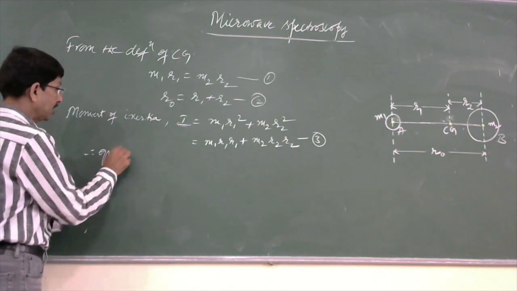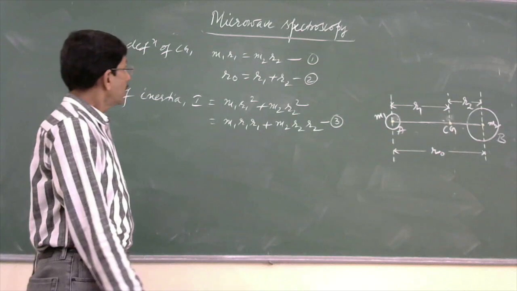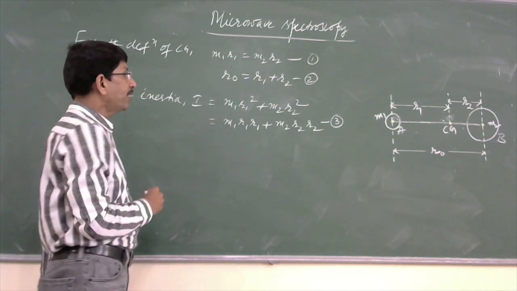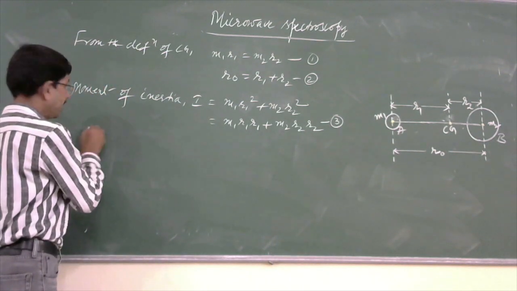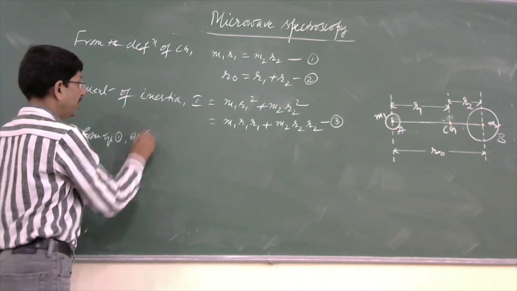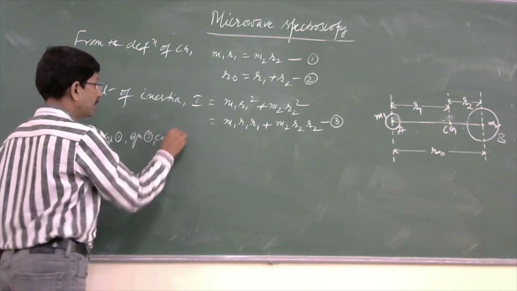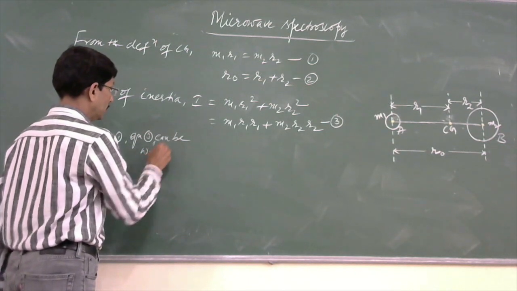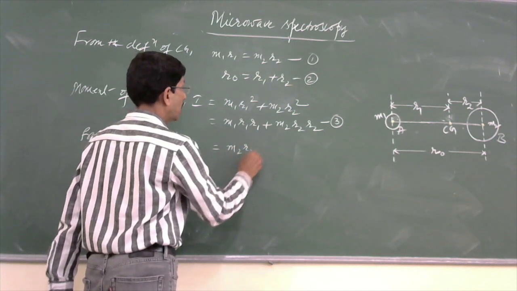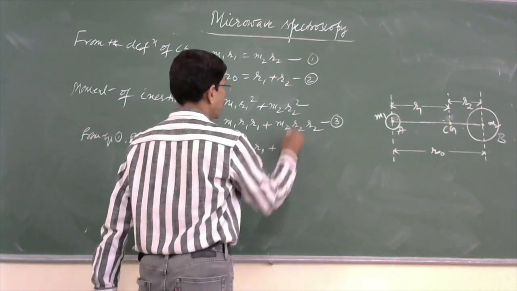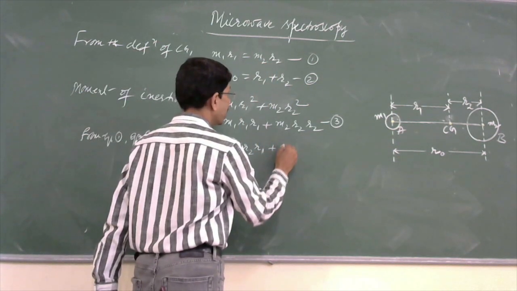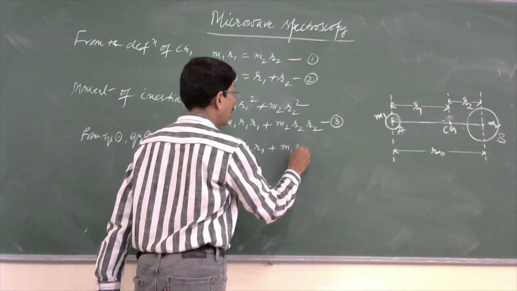Therefore, equation 3 can be written using equations 1 and 2. From equation 1, equation 3 can be written as M2 R2 R1 plus, where I have replaced M1 R1 by M2 R2, and M2 R2 can be replaced by M1 R1.